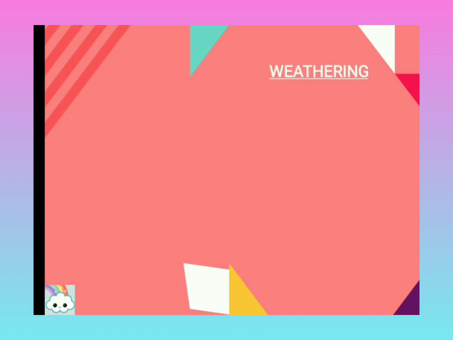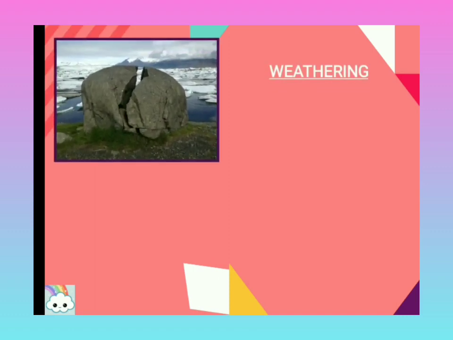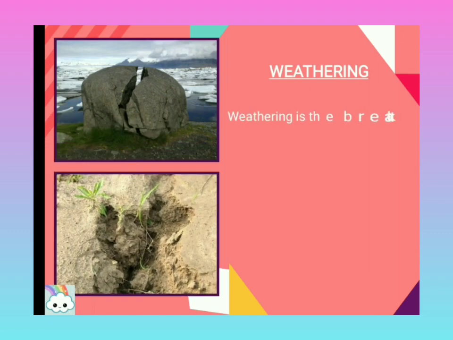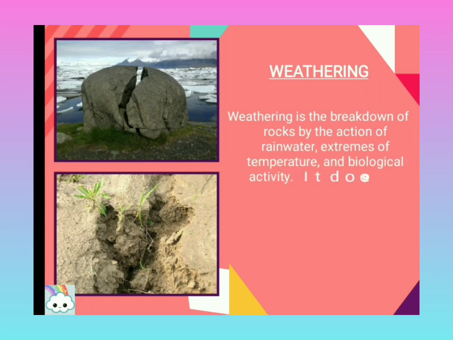The first one is weathering. Weathering is the breakdown of rocks by the action of rainwater, extremes of temperature, and biological activity. It does not involve the removal of rock material. The next one is erosion.